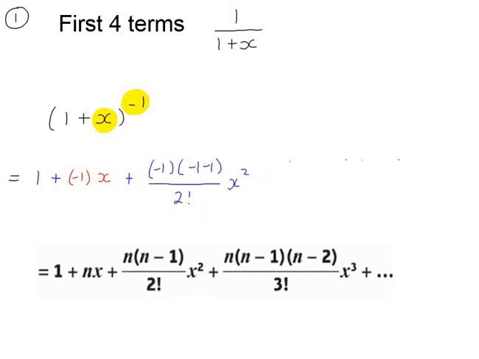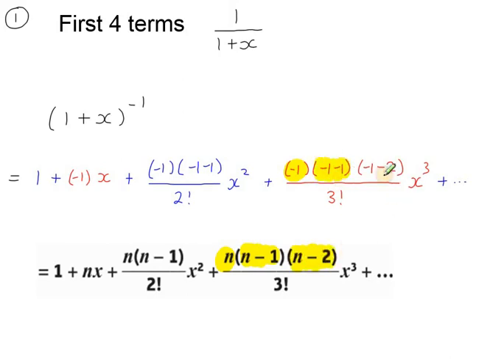So here's the n from here, and this is n minus 1 over 2 factorial times x squared, and the next term will be n times n minus 1 times n minus 2, and remember n is minus 1, so that's n minus 2, over 3 factorial times my x term, whatever I've got here, cubed.